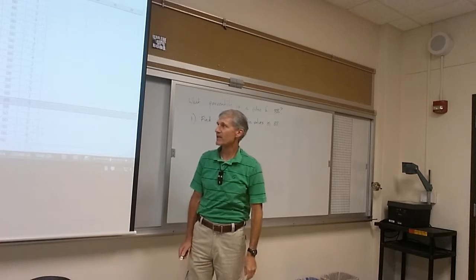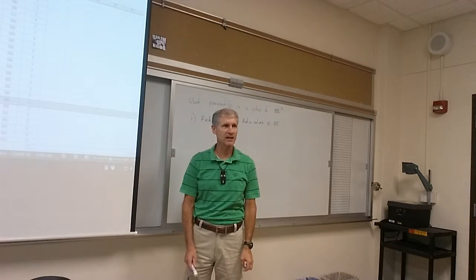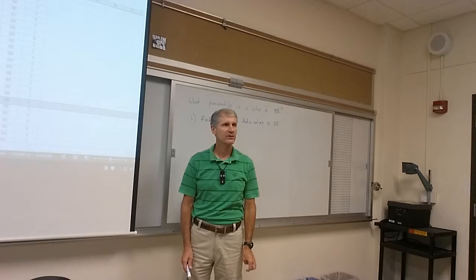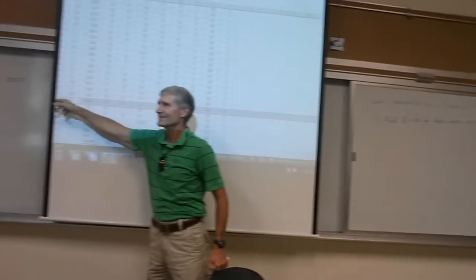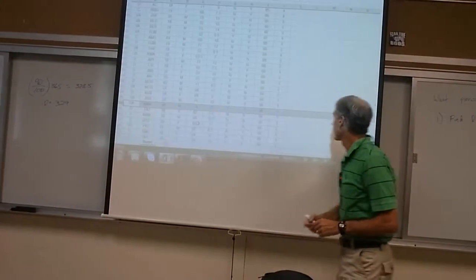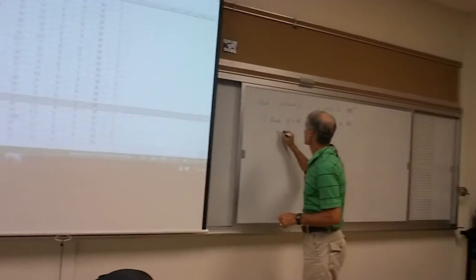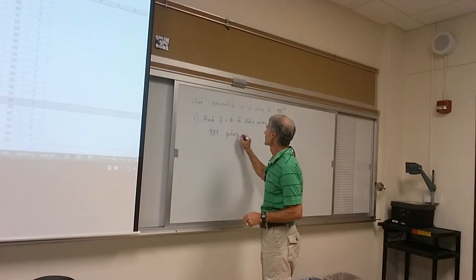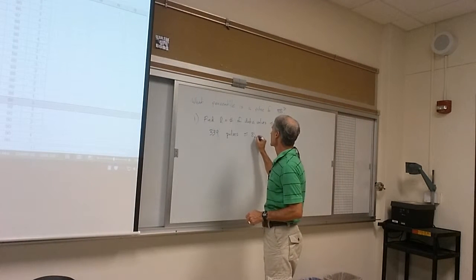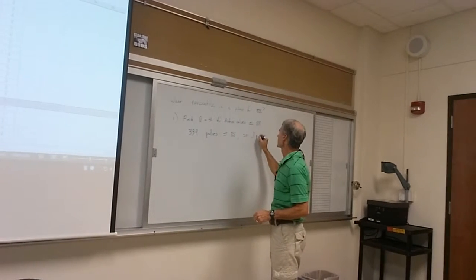So how many data values are less than or equal to 88? 339, because this is the row number, so it's one less. So 339 pulses less than or equal to 88. So L equals 339.